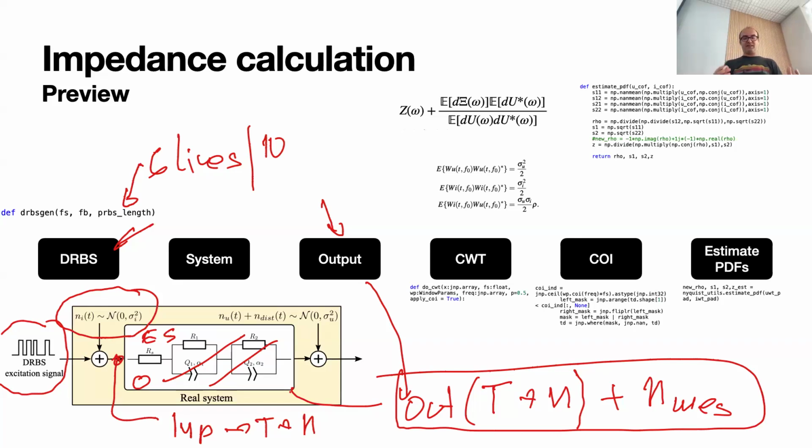To complicate things further, the signal that we are putting in is not a sine signal, but it's noise by itself. So this now becomes completely mind-boggling.